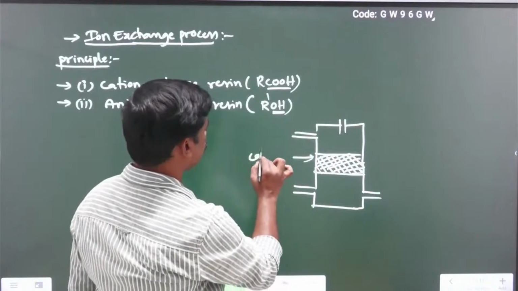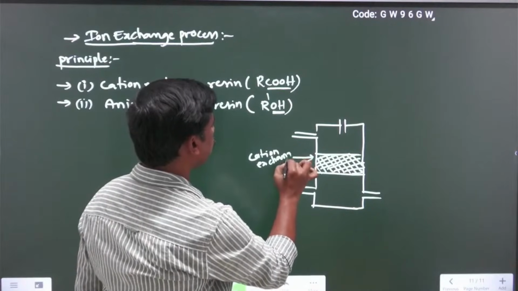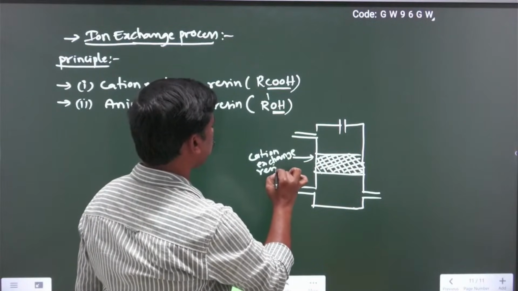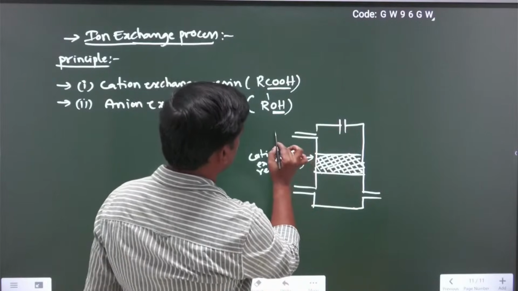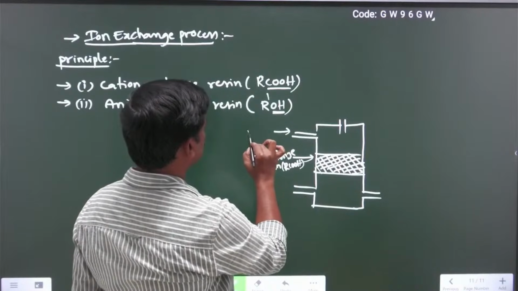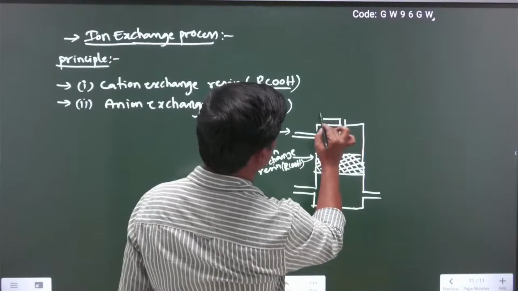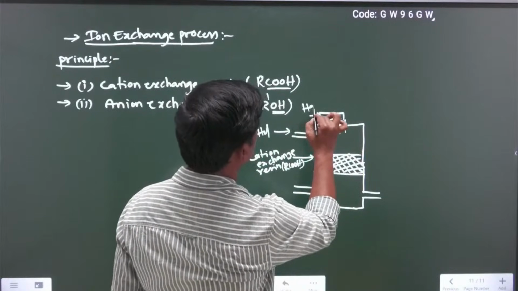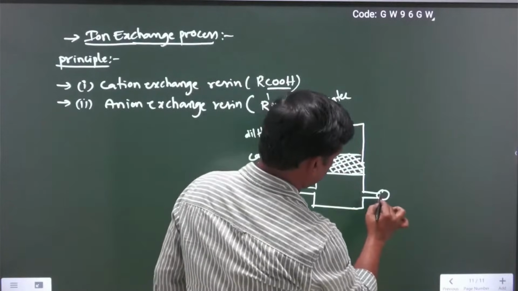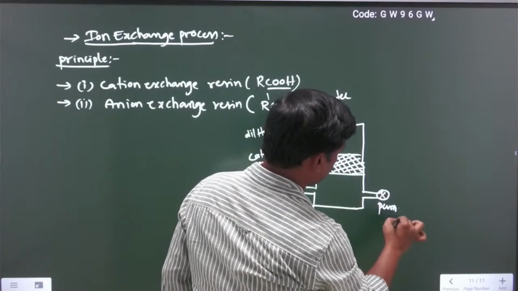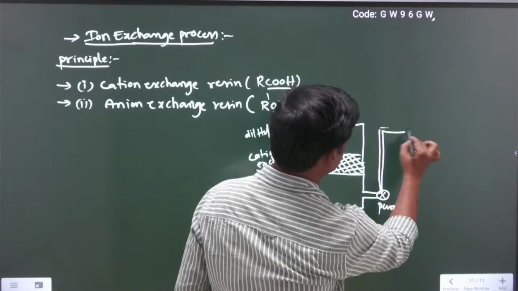Cation exchange resin, or COOH. Here comes dilute HCl. Here comes hard water. Here you can use a pump. Again this water enters the second tank.